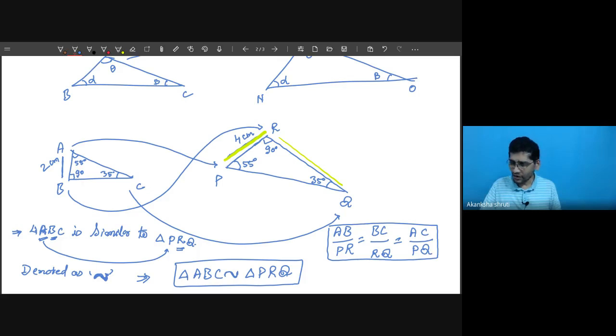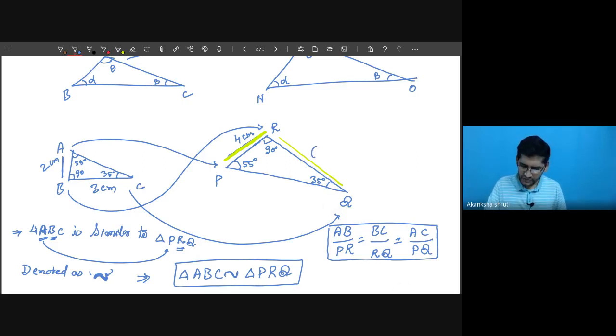This ratio will also be fixed by whatever the first ratios you calculated, say 2 by 4. The same needs to be maintained here. If BC is, say, 3 centimeters, then for maintaining the similarity, BC is corresponding to RQ. Observe carefully.